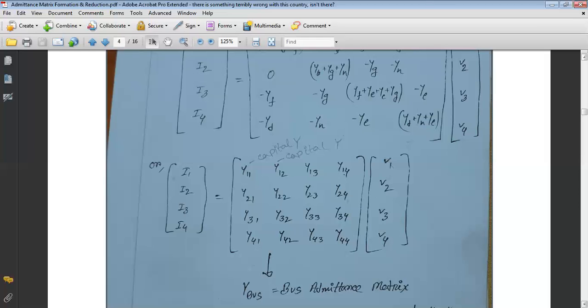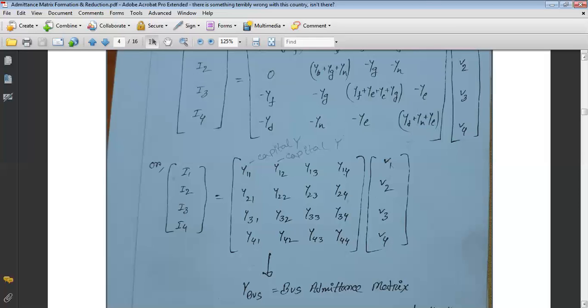If we want the self-admittance of bus 3, it means the sum of all admittances connected to bus 3. And for the mutual admittance, for example Y2,3, it means that this is the connected admittance between bus 2 and bus 3. This is the mutual admittance.